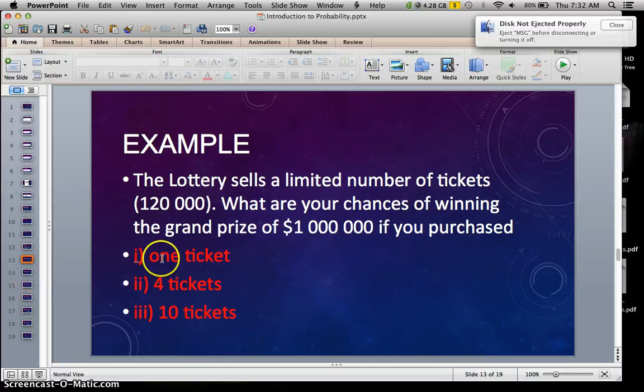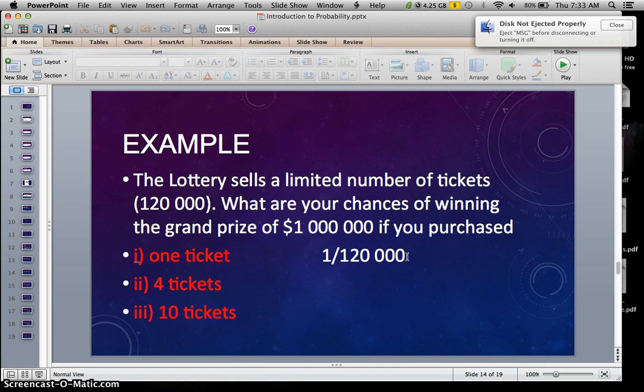Okay, so for me to win the prize based on 1 ticket, 1 ticket would be my successful attempt. Okay, so we would write the fraction 1 over 120,000. Okay, we have to make sure that this fraction cannot be reduced any further, which it cannot.